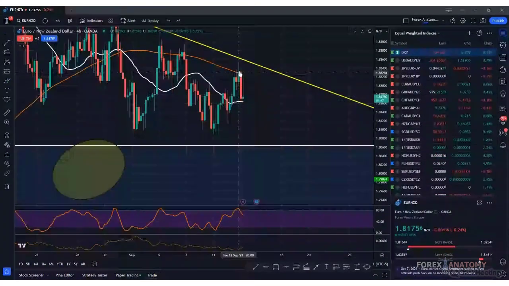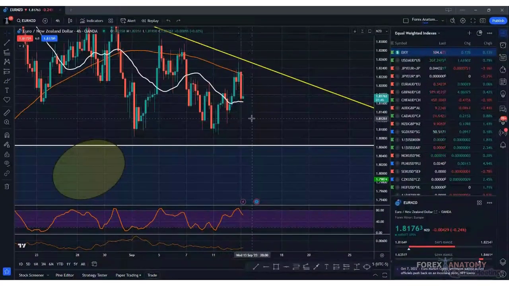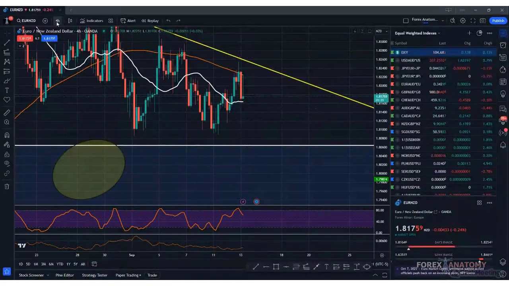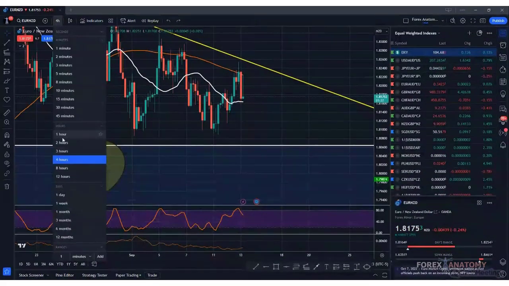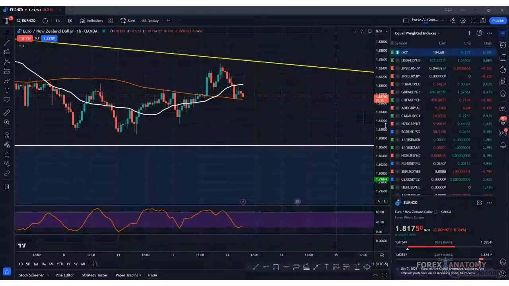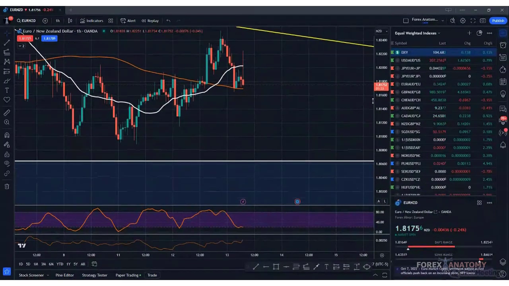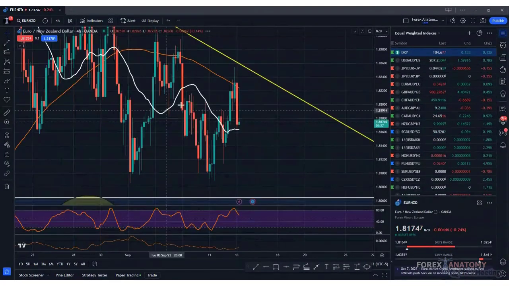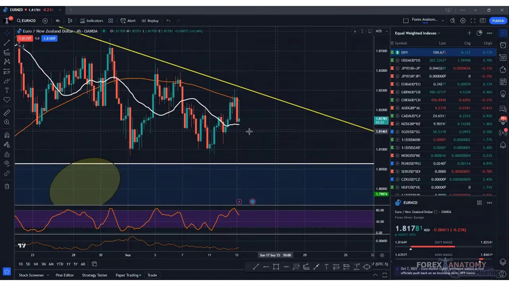So before we do anything, we first have to look at the fact that, hey, this is a 4-hour pullback. So how do we trade 4-hour pullbacks? Well, right here on the 1-hour, what we typically want to see is what? On a 4-hour pullback, what type of pullback should we see on the 1-hour?